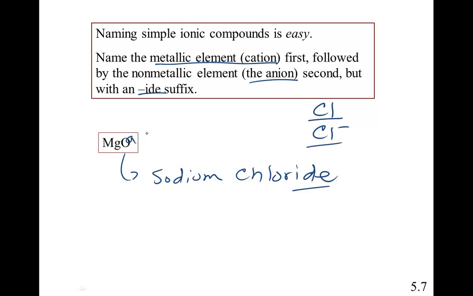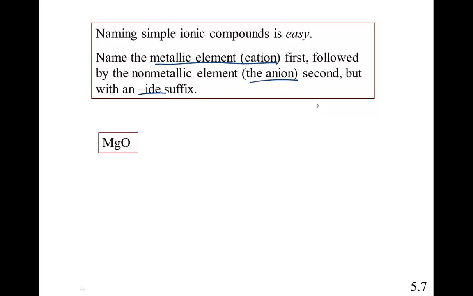So let's erase this. How would you name this compound? Well, it's a metal with a nonmetal. It's an ionic compound. If it's ionic, you name the metal by its full name, magnesium. And you name the nonmetal by, you start with oxygen, drop the gen off of oxygen and make it oxide.